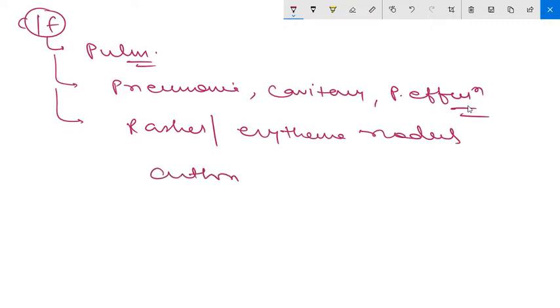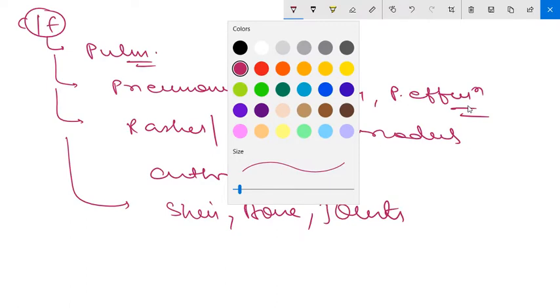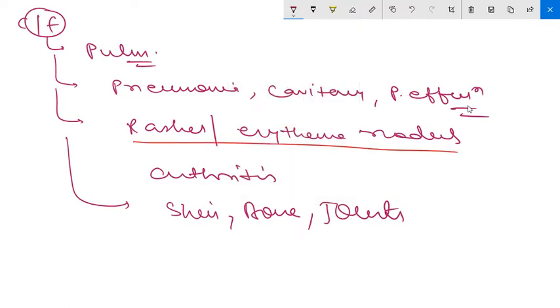Arthritis will be seen, especially in women. Then it also has a disseminated form, so males and persons with low CMI, such as HIV infected persons, are at higher risk. Common sites for dissemination include the skin, bones and joints. So these are the clinical features associated with this: rashes, erythema nodosum, pneumonia, cavitary lesions or pleural effusion, and it can also cause arthritis.